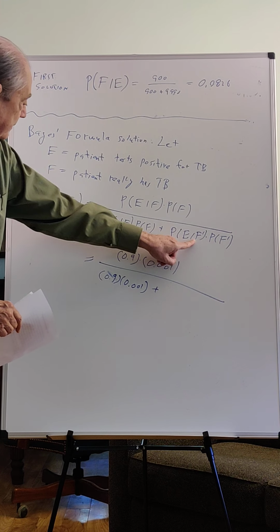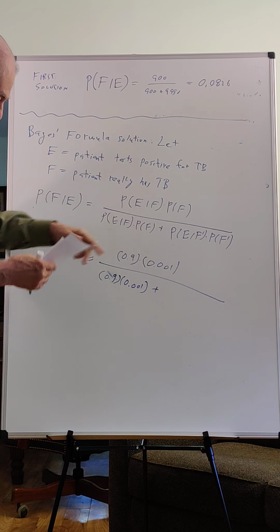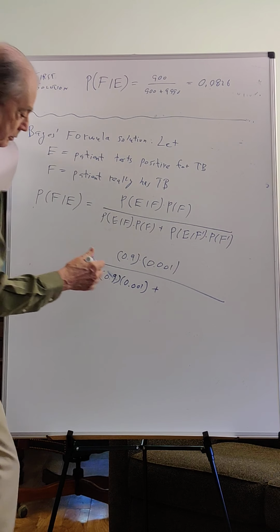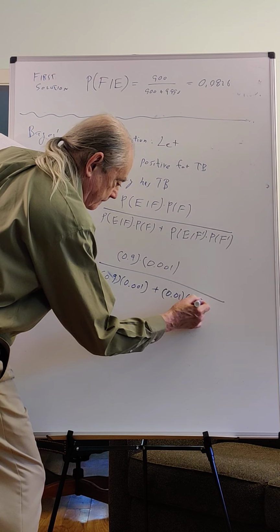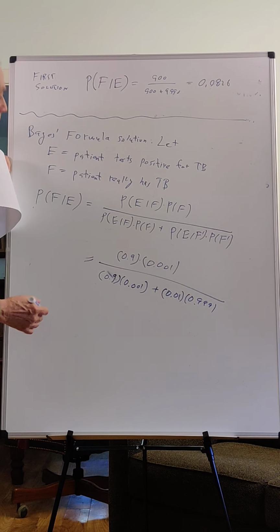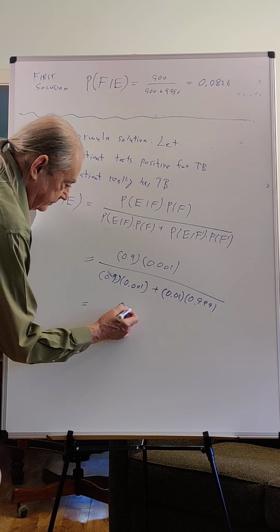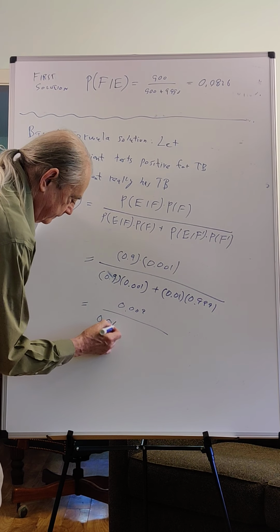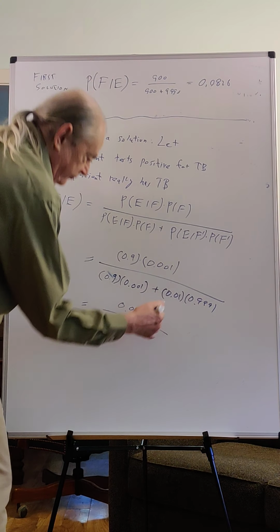If the patient does not have TB, he will be falsely diagnosed as having TB with probability 1%, probability 0.01. Okay, so 0.9 times 0.001 is 0.009. Here it is again: 0.001 times 0.999, shift the decimal point.